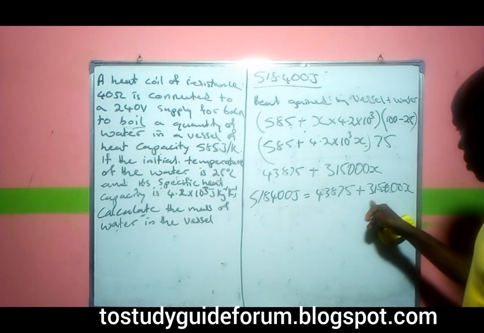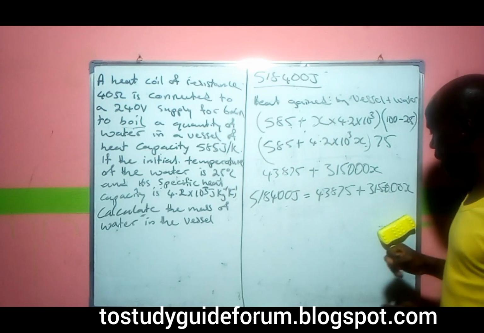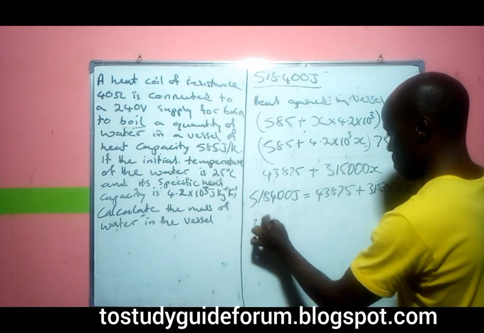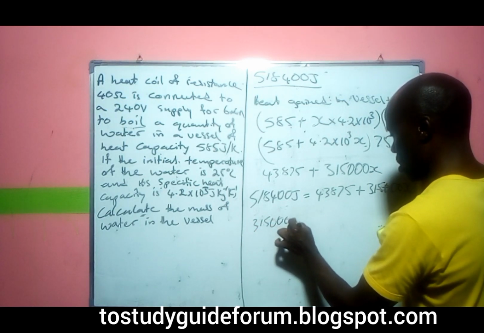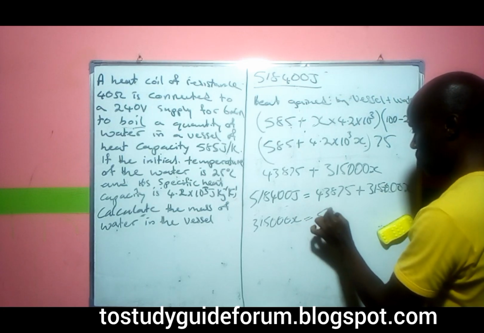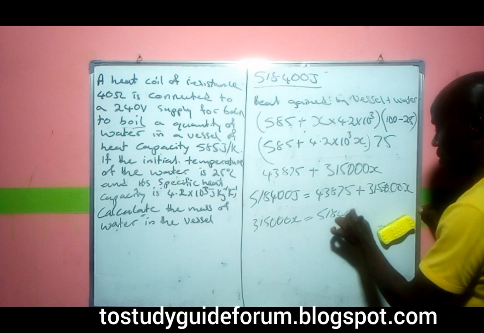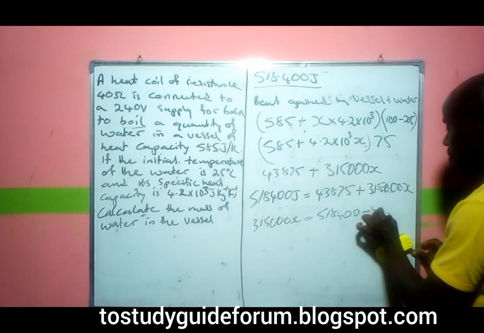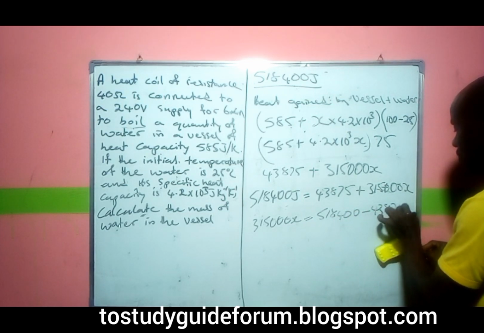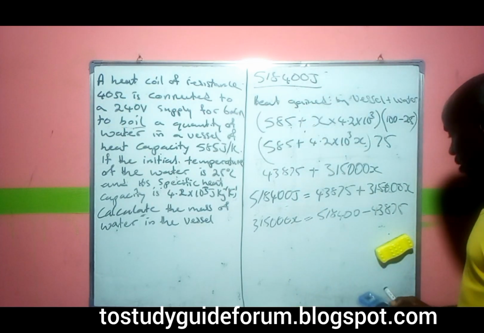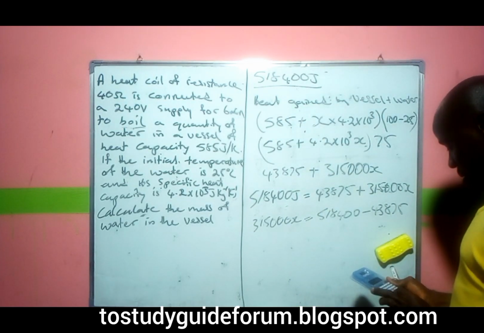So when we subtract this, collecting like terms, we will have x equal to 518,400 subtract 43,875.